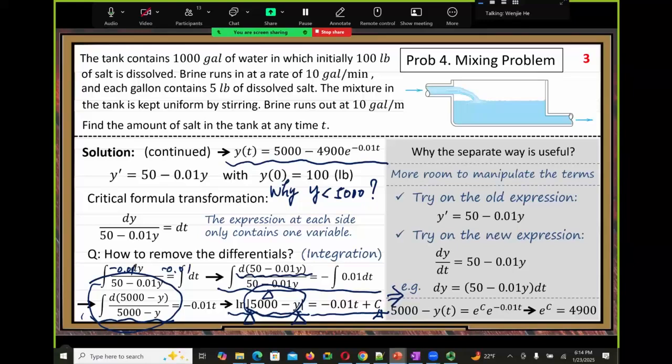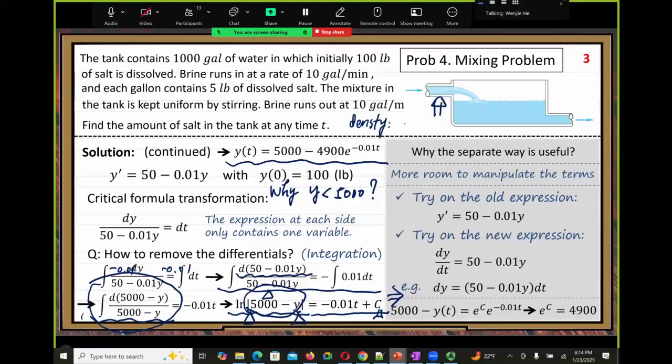When you do analysis, I want you to focus on the concentration of the mixture, or the density. So look at the density of the inflow brine. What's the density of the inflow brine? Can you see that? 5 pounds. Good.